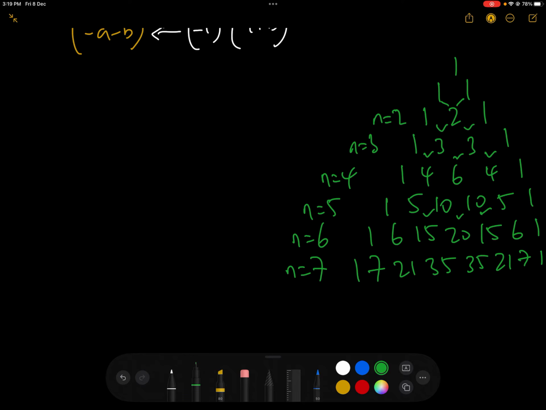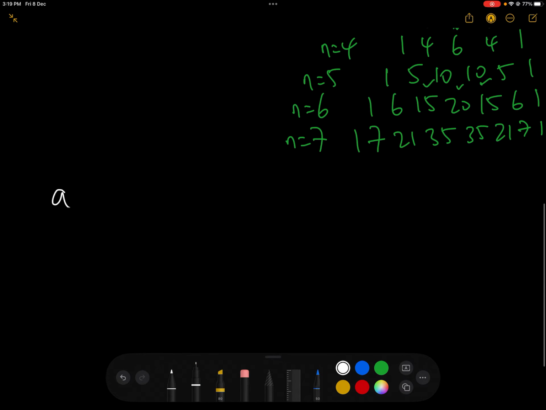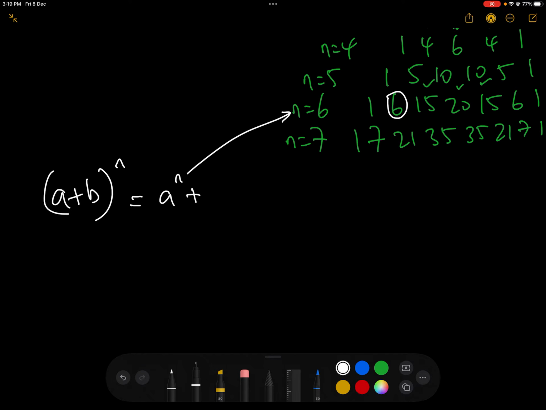It's probably easier to do an example, but I'll explain it basically first. We have a plus b to the power of n, and it's going to be a to the power of n, plus the second number on the Pascal triangle row for whatever n is. So if n was 6, it would be 6.